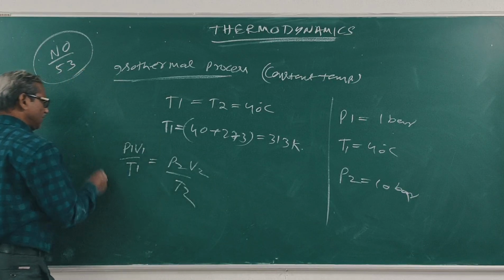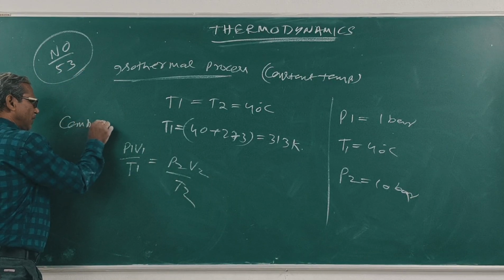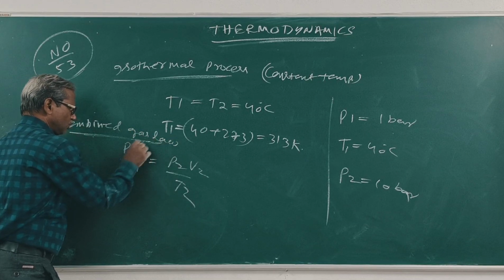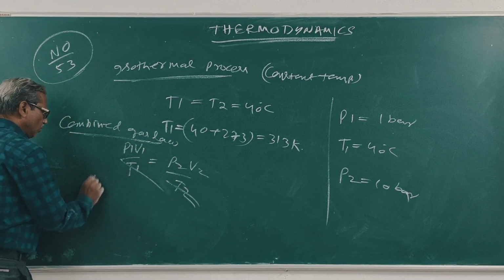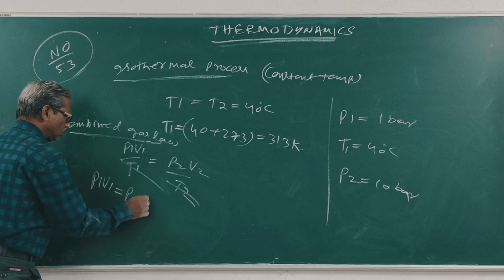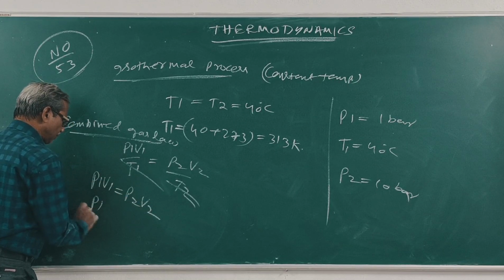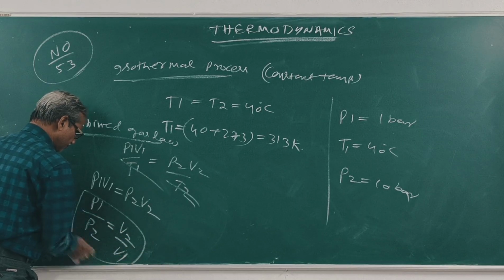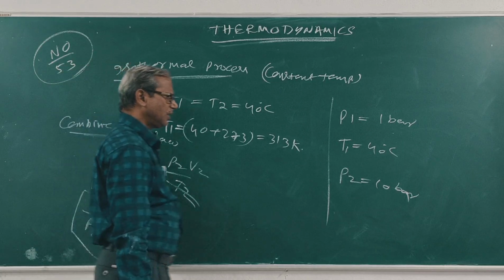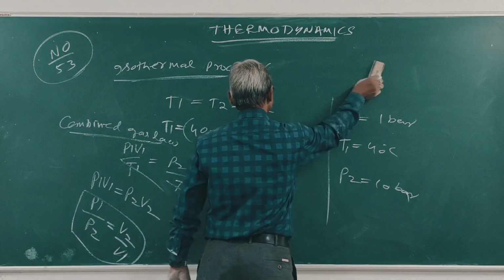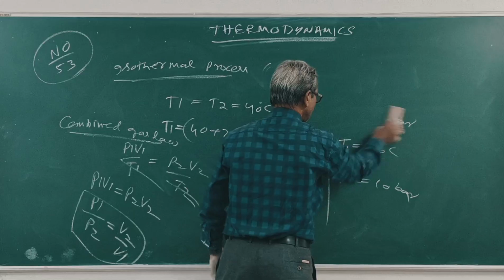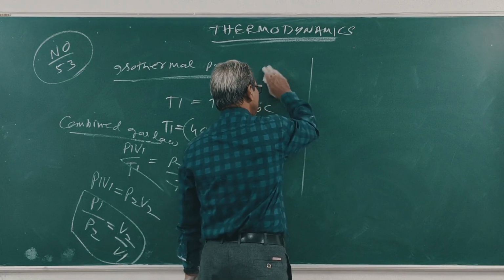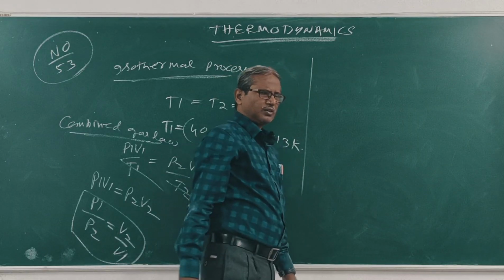This is the combined gas law. So T1, T2 cancels out. P1 V1 is equal to P2 V2. So P1 by P2 is equal to V2 by V1. Clear? Now, for isothermal process, what is work done?